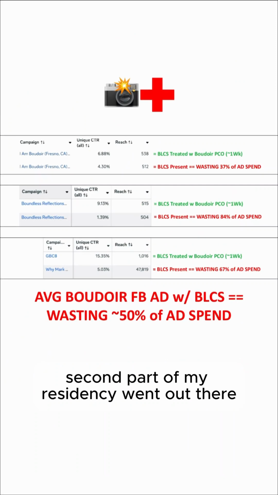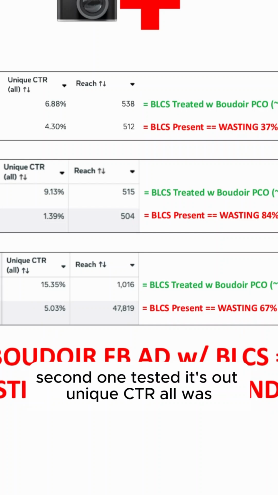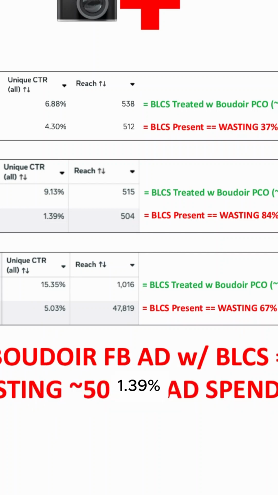Second part of my residency, went out there, saw a Boudoir Facebook ad, brought it to the hospital. Tested it out, and its unique CTR was 1.39%.